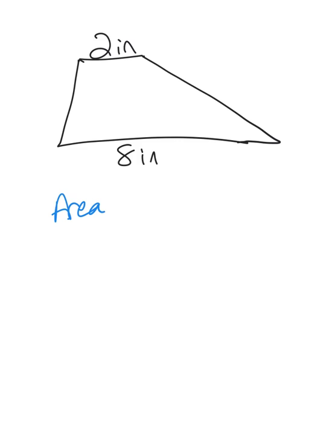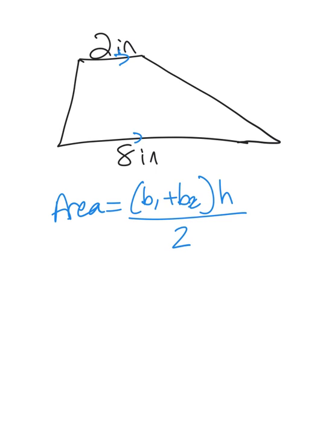Got it? Except instead of base times height, you've got 2 bases. The 2 bases are the ones that are parallel to each other. Those are your bases. So to figure out the area of a trapezoid, it would be base 1 plus base 2 times your height. That's your base times height, but you have to add the bases first. And then divide it by 2, just like you would a triangle.